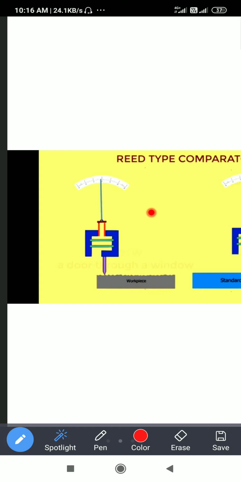Now next, what is the procedure? Just now you saw the construction of the mechanical reed comparator. Now you will see on what basis this works, and how the comparator operates.